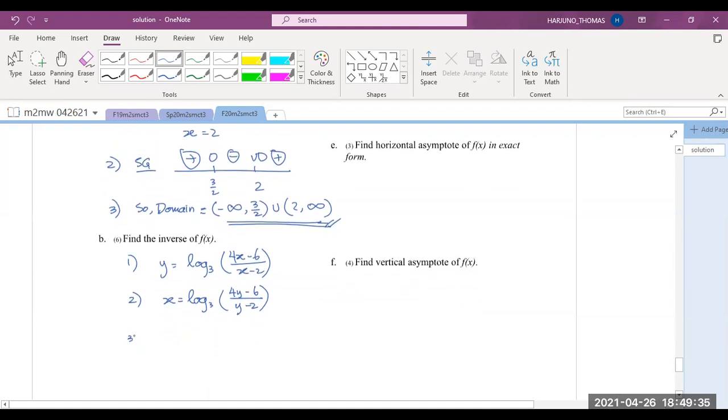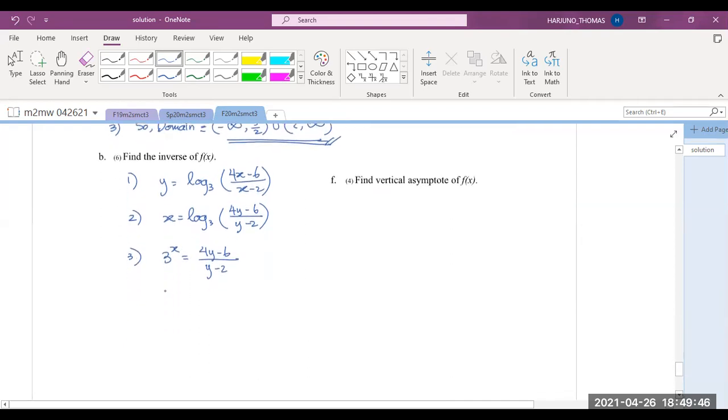Step 3, change it into exponential form, and then solve for y from here. So this is 3 to the y times y, 3 to the x times y minus 2 equals 4y minus 6. 3 to the xy minus 2 times 3 to the x equals 4y minus 6.